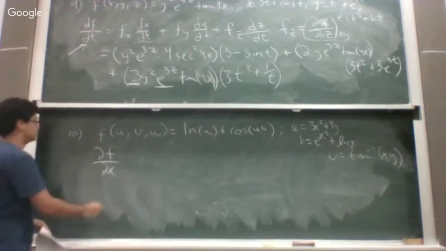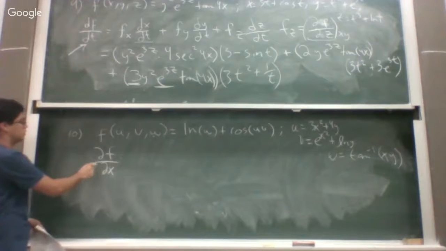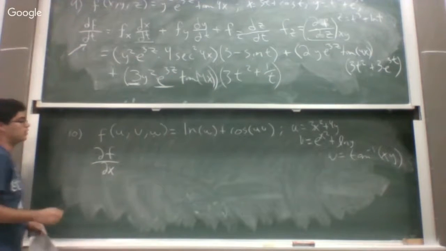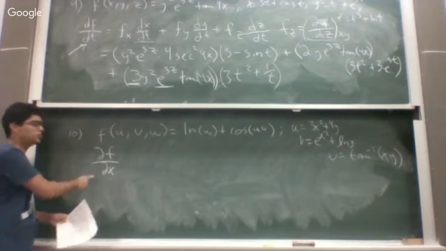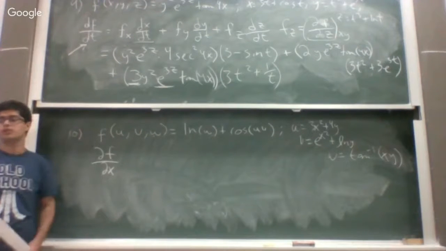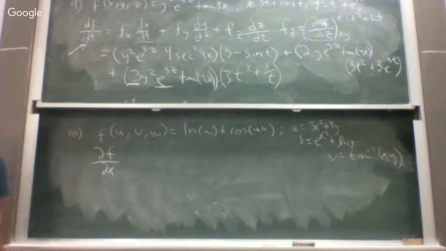So if we want the derivative of f with respect to x only, ignoring y, we show the partial derivative sign, because we're not looking at the y component.